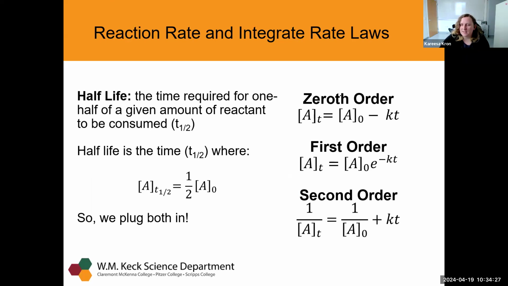We're going to plug these into each of these expressions and do the math so that for different types of reactions, you're able to calculate the half-life. And if you're ever faced with a different integrated rate expression, you can always plug in t equals 1/2 and solve for a half-life.